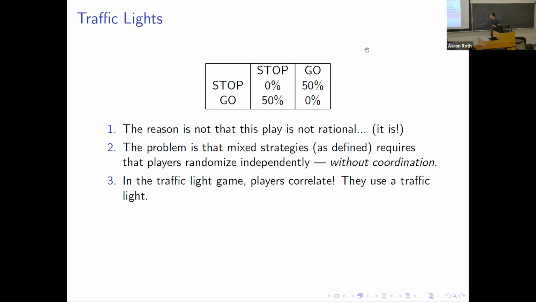Okay, and so at a high level, one of the main ideas behind correlated equilibria is to think about the kinds of behaviors you can induce rational players to play by means of a correlating device.